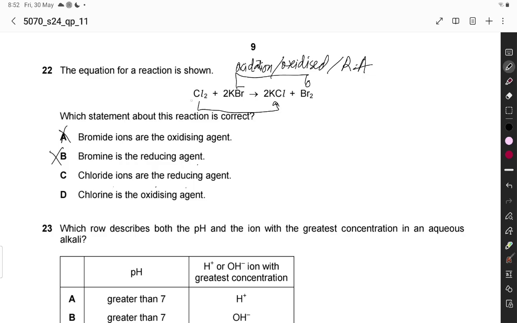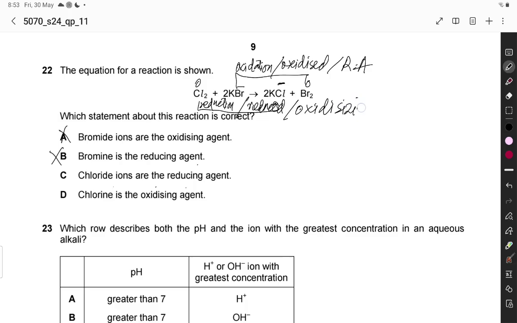Chloride ions are the reducing agent. Chlorine is over here 0, and in this it is carrying negative charge, so the reaction is reduction because of gaining of electron over here. The species is reduced and acts as an oxidizing agent.